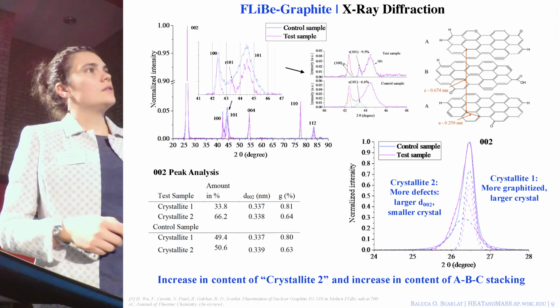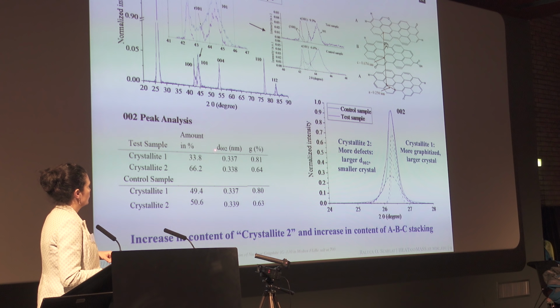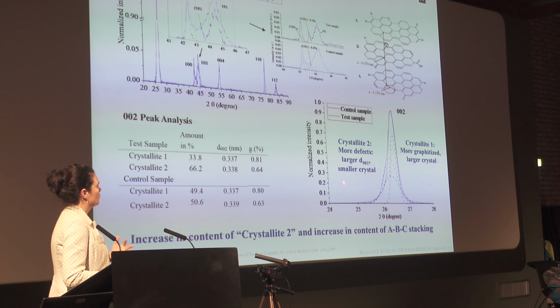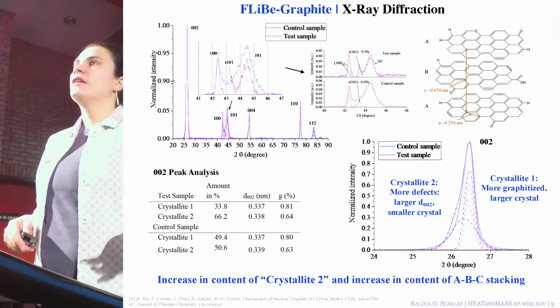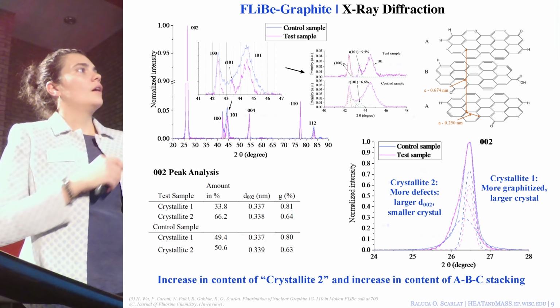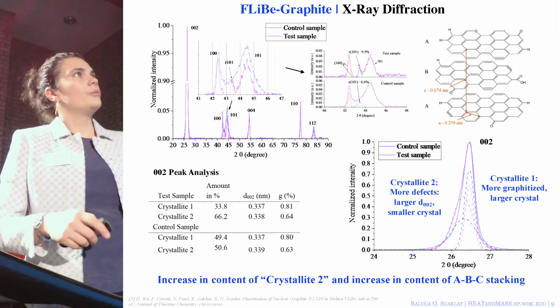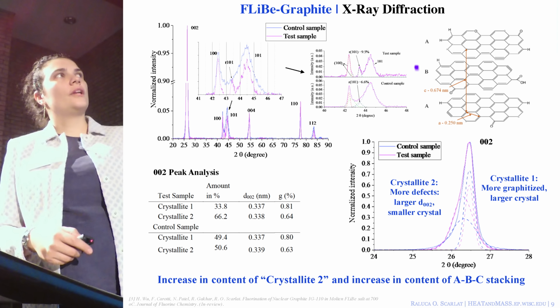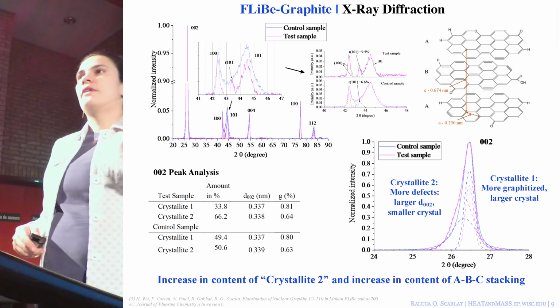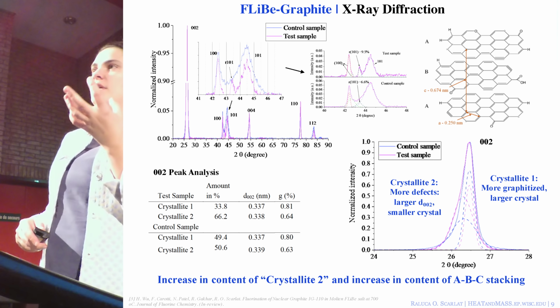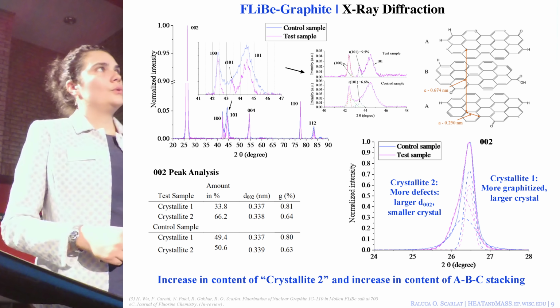And so we continued to do more work in understanding not just what is the crystal structure of nuclear graphites, but also how does it change upon exposure to the salt. And so we find that it changes and that fluorination creates more defects, which also is in line with the fact that we saw that change in hybridization from planar to not planar.